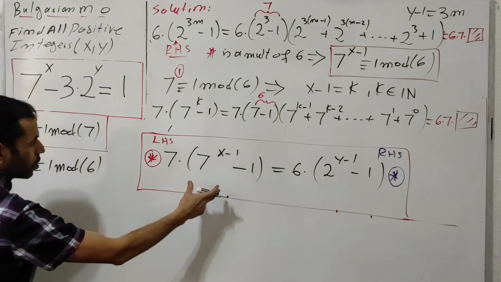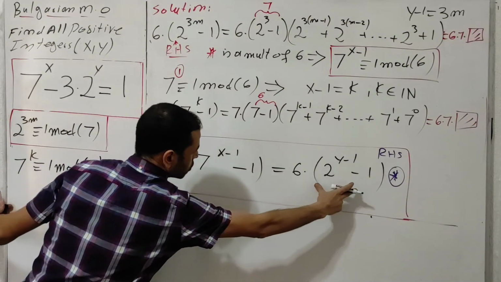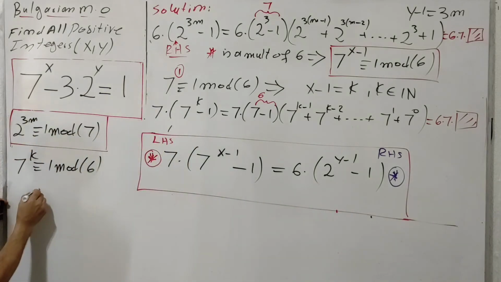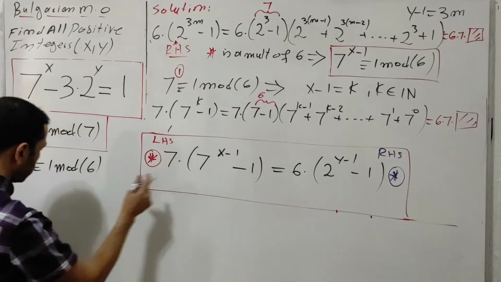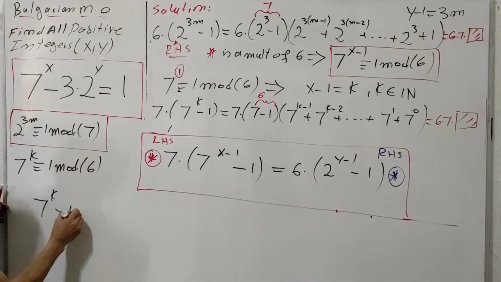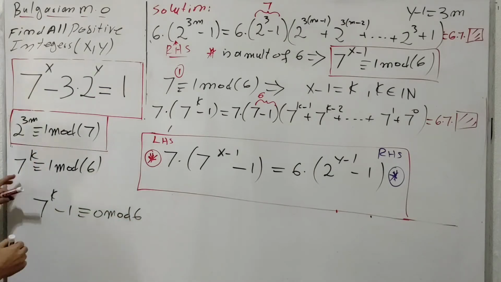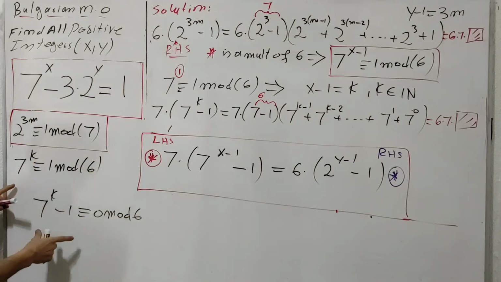So I have this first solution, I have 6, I have this solution. We found 7 to the k minus 1 is congruent to 0 mod 6. Just taking the number 1 to the left hand side of this equation gives us this one.